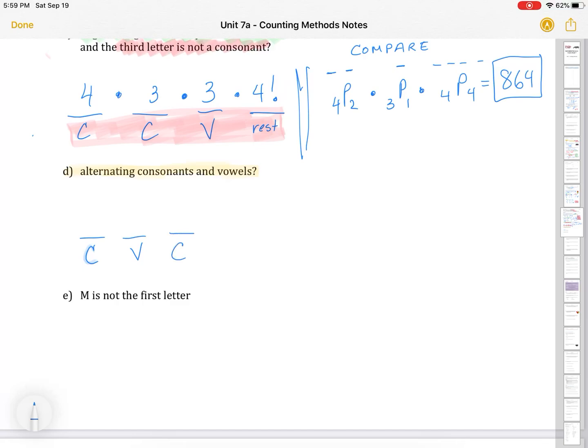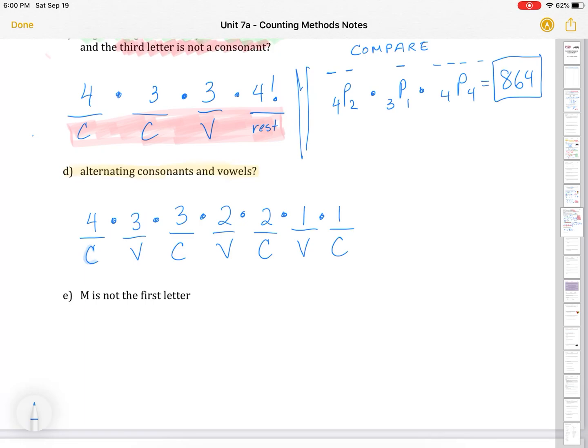We're going to have consonant, vowel, consonant, vowel, consonant, vowel, consonant. That's 7. With the first one, we have 4 consonants, then 3 vowels. At this point, for our second consonant, we're only going to have 3, and we're going to have 2 vowels left.